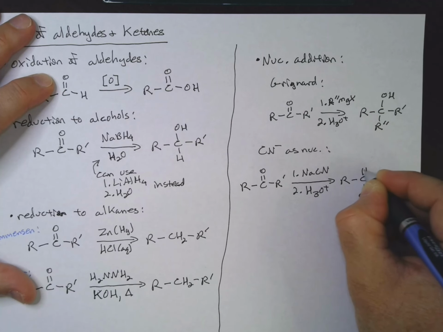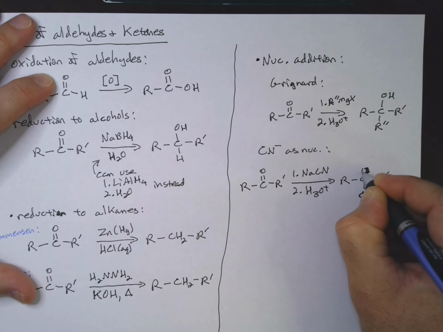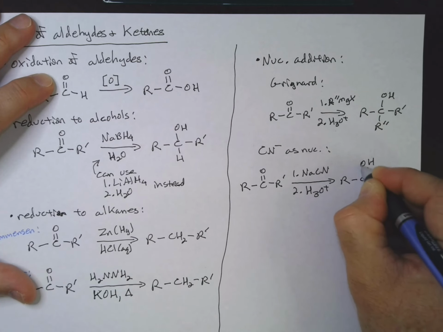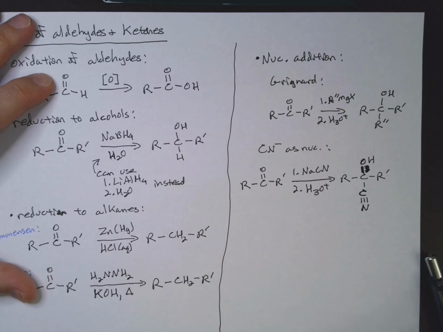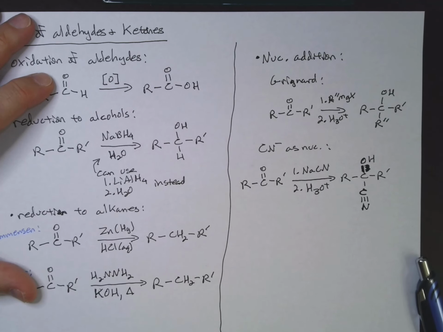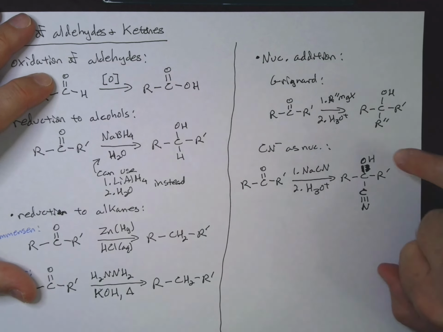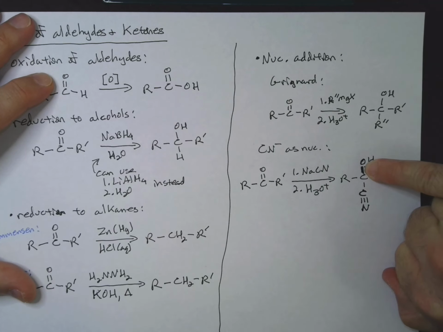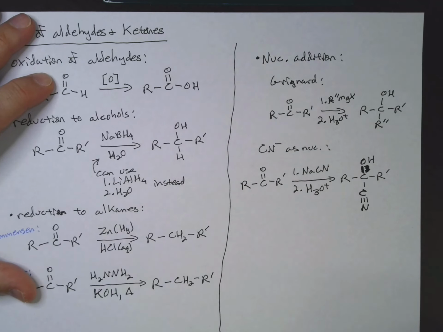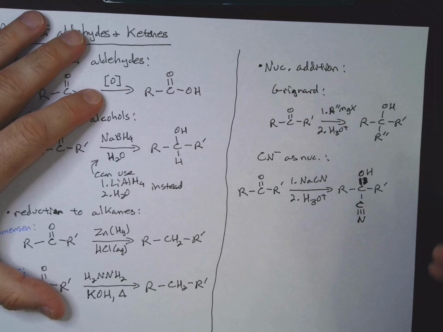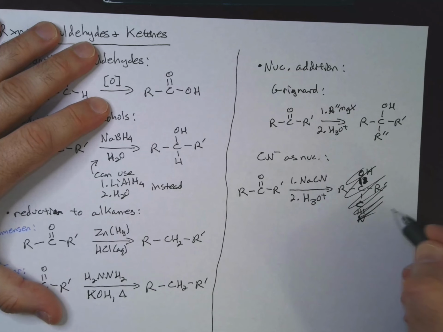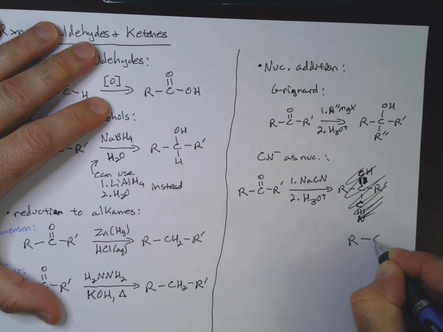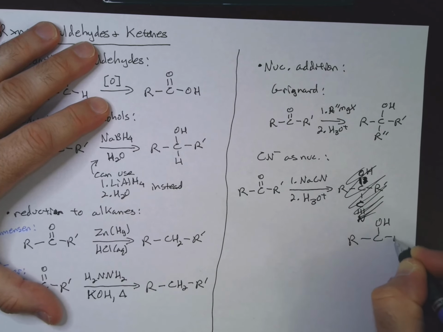Sorry about that, ignore that. That was supposed to be a single bond there. Let me redraw that for you here. R C OH R prime, C triple bond N.